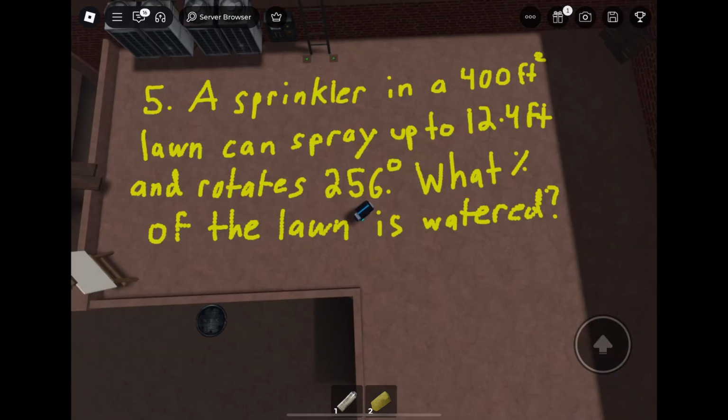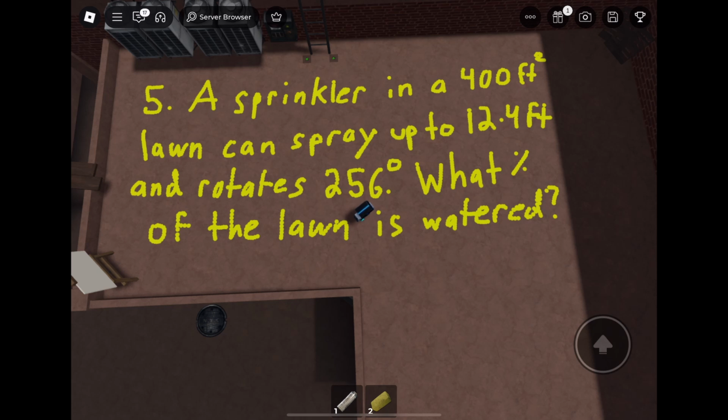Here, let's read this word problem. It says, a sprinkler in a 400 square foot lawn can spray up to 12.4 feet, and it rotates 256 degrees. What percent of the lawn is watered? So all we need to do is just find how much area this sprinkler can cover, and then just compute the percentage. So let's do that.